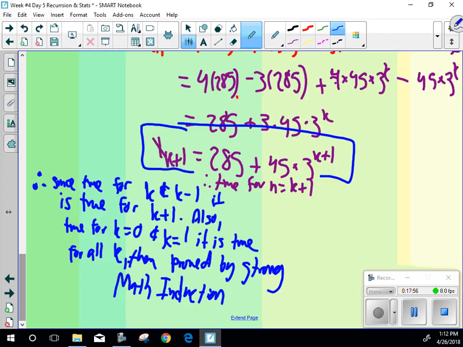So it was true for k and k minus 1. Then it was shown to be true for k plus 1. Also for k equals 0, k equal 1, it was true for all of k. Then it's proved by math induction. So it's this little part here that you're annoyed with, and I am too, that makes it strong math induction. And that's problem number 3.